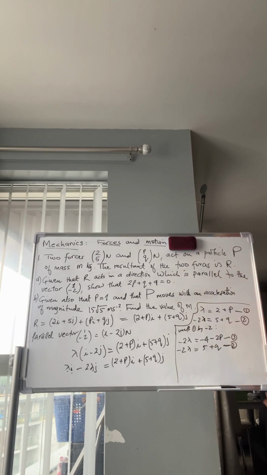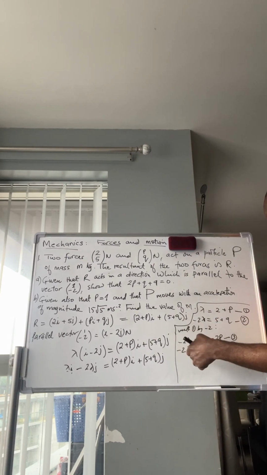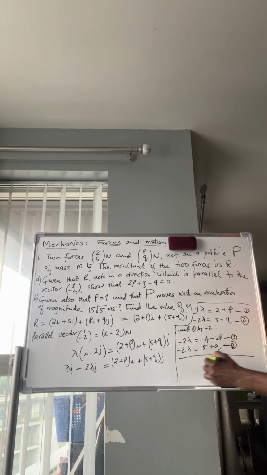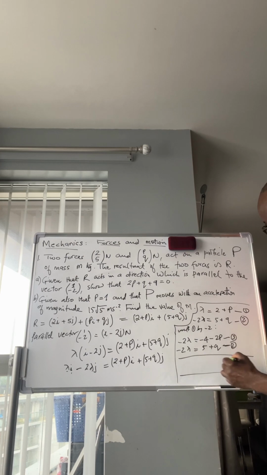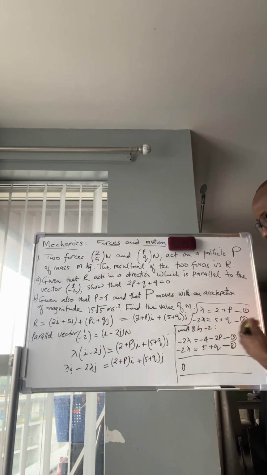Yeah? So what do you do to get rid of the lambdas? Now I can subtract one from the other. If I add, it's going to be minus 4 lambda. I don't want that. But if I subtract, the minuses will cancel. So now I subtract these two. So this minus this is 0. You know, minus 2 minus minus 2 is 0.